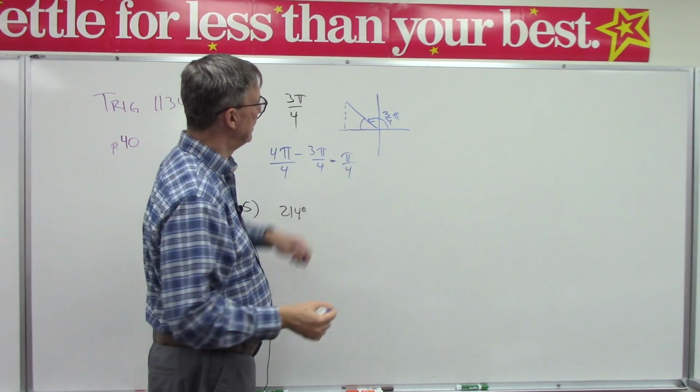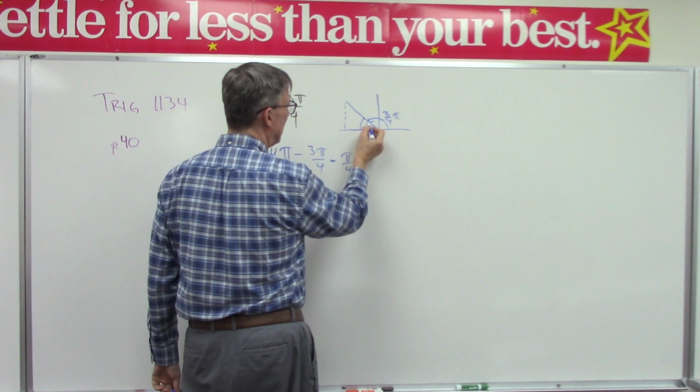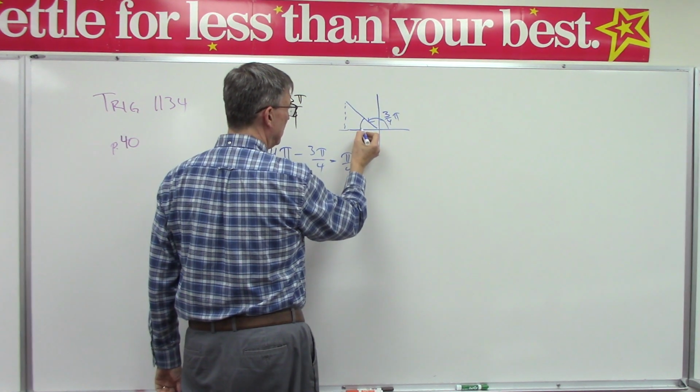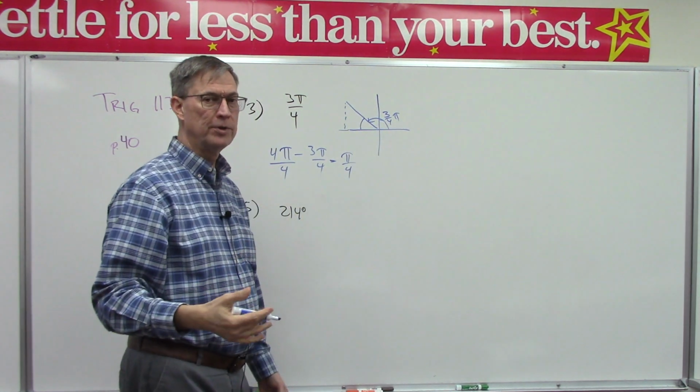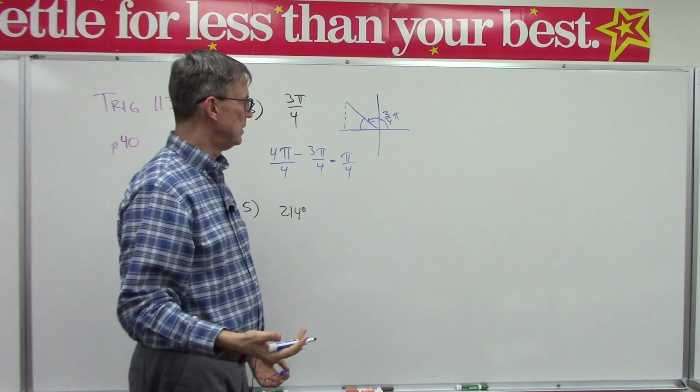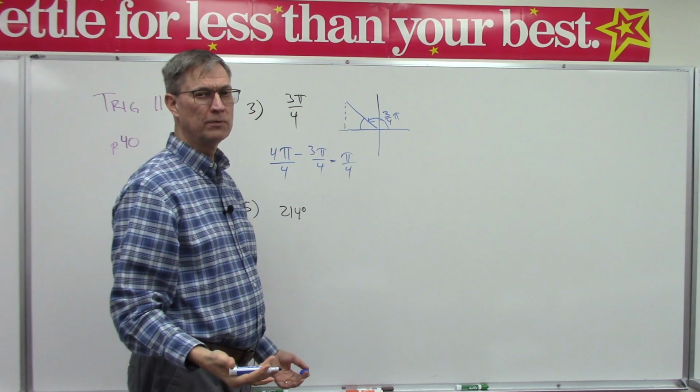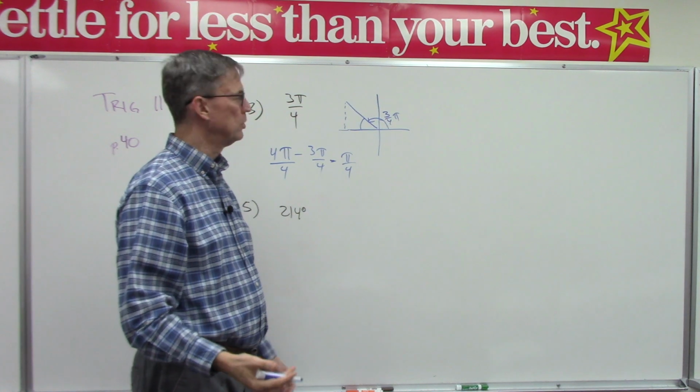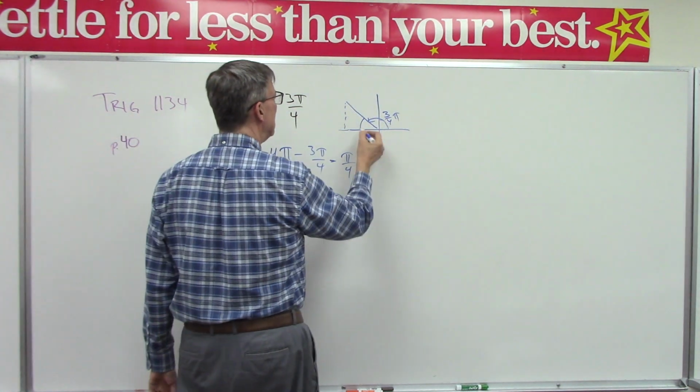And we can kind of see that here, 3/4 pi plus another 1/4 pi would give us 4/4 pi, which is exactly half a circle. 2 pi is a full circle, 1 pi is half a circle, 180 degrees.